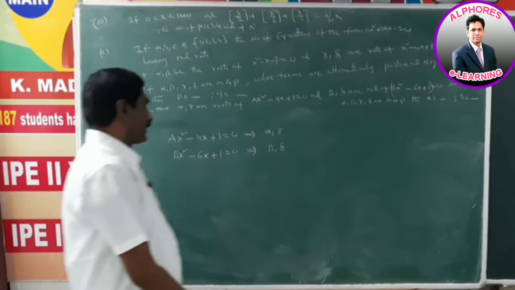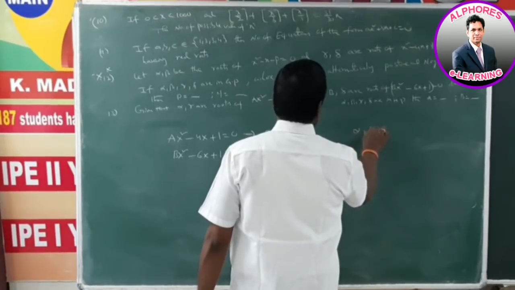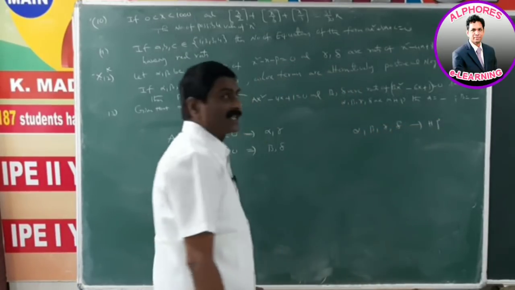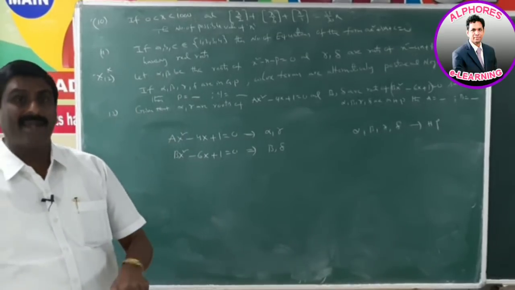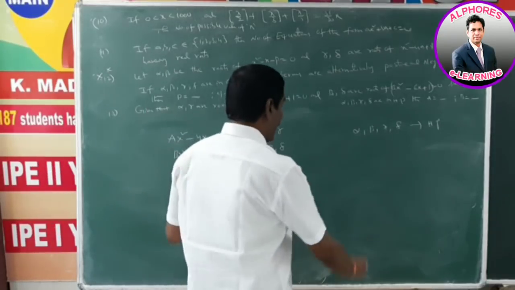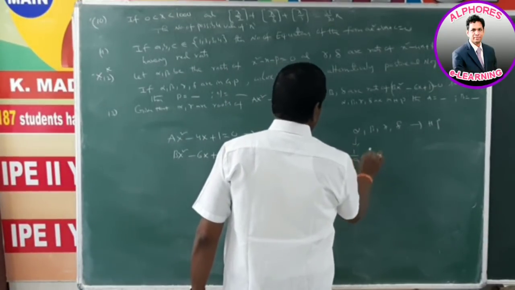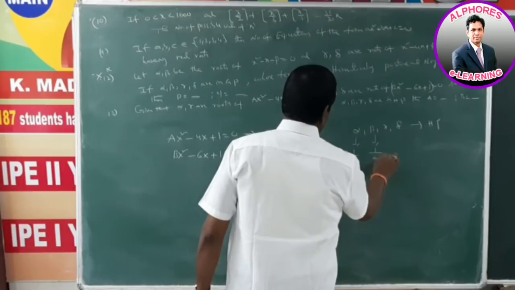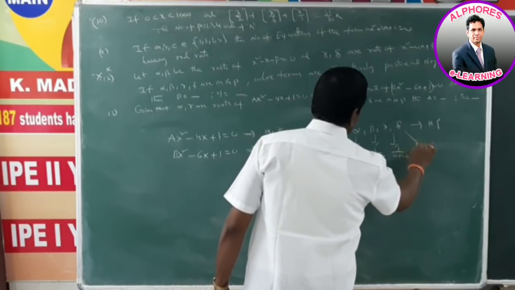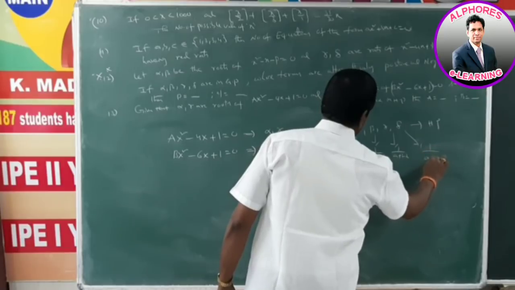From the given, alpha, beta, gamma, delta are in HP. You know the general form of HP is the reciprocal of AP. That means 1 by A, 1 by A plus D, 1 by A plus 2D, 1 by A plus 3D. Say alpha is 1 by A, beta is 1 by A plus D, gamma is 1 by A plus 2D, delta is 1 by A plus 3D.